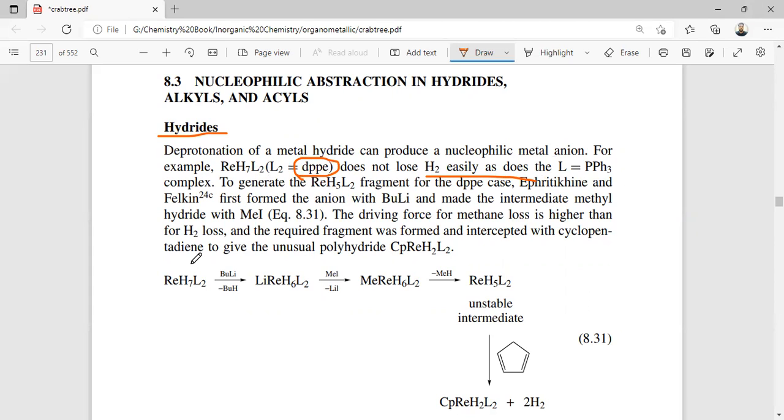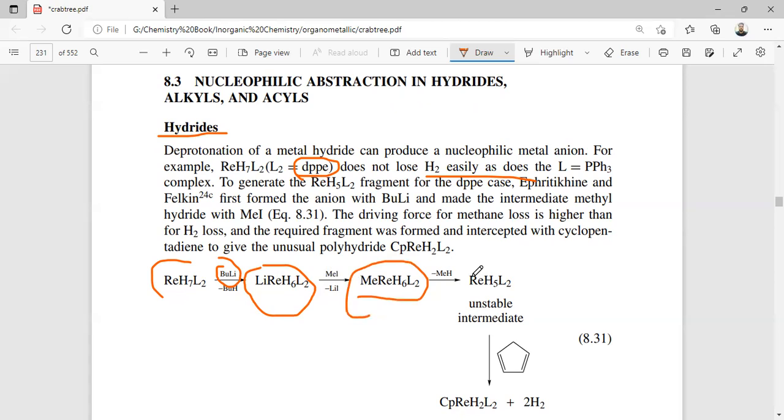So in this case, first this metal complex is treated with n-butyllithium. That abstracts a hydride from this metal complex to form the corresponding lithium complex. Then in the presence of methyl iodide, upon elimination of lithium iodide, this methyl ReH6L2 is formed.